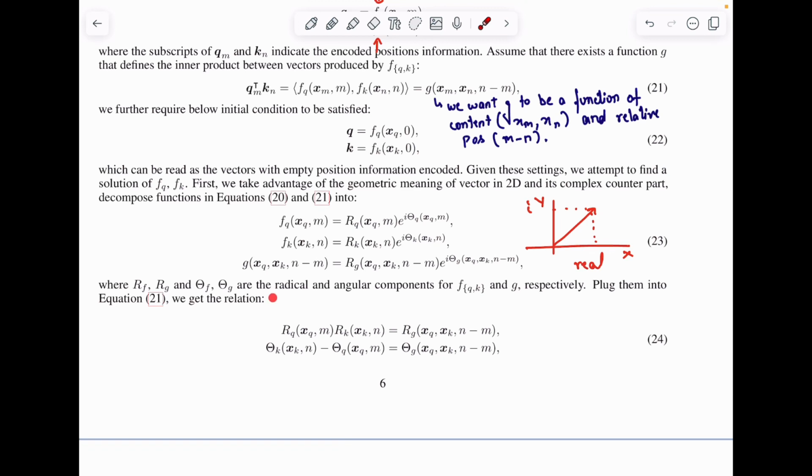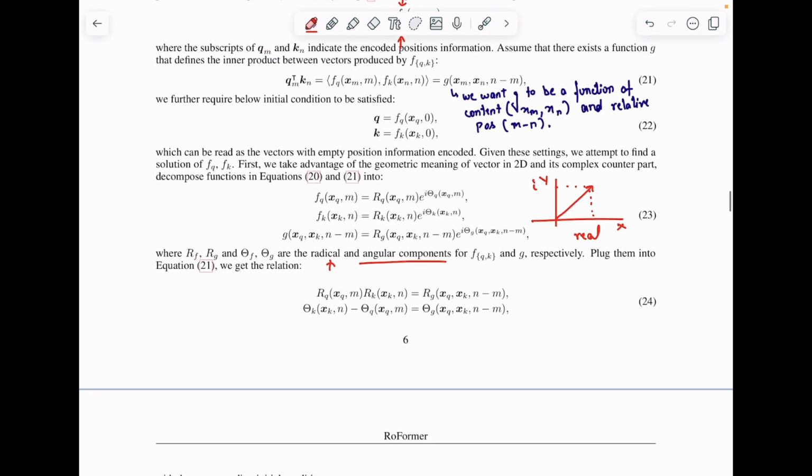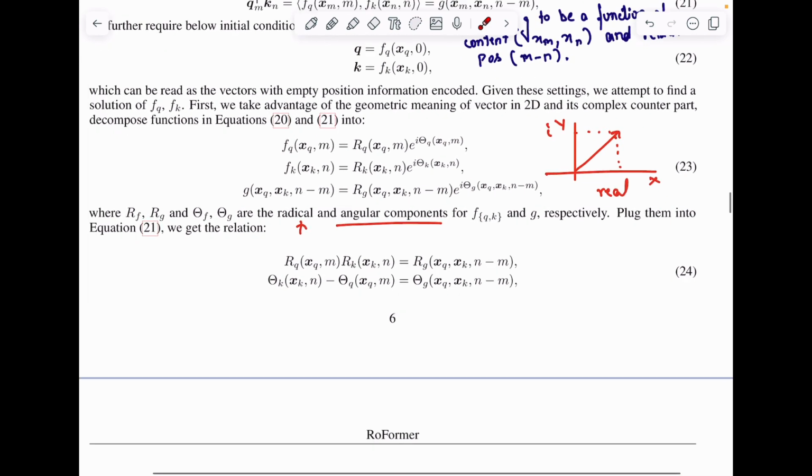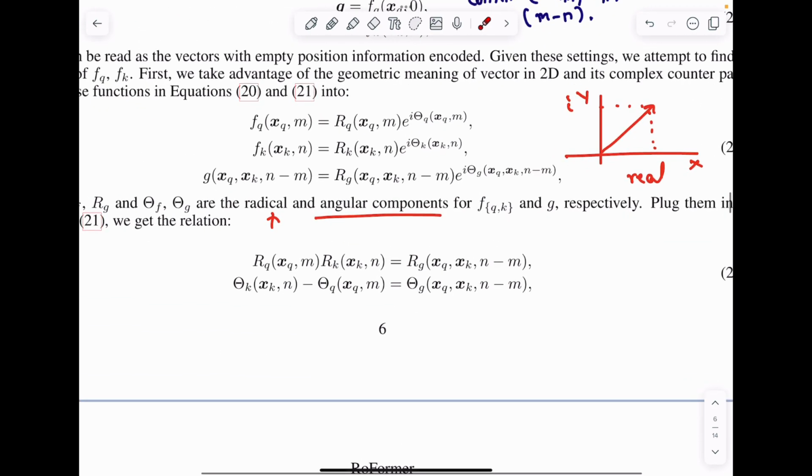These are called radial. This is a typo in the paper. This should not be radical. This should be radial and angular components of fk and qk. Okay. So now what we can do is put these values in this particular equation. We have the dot product equal to g, and once we do that, we just simply equate them.